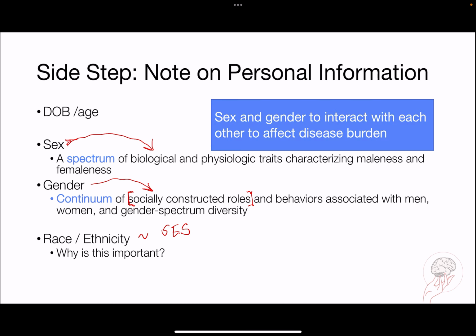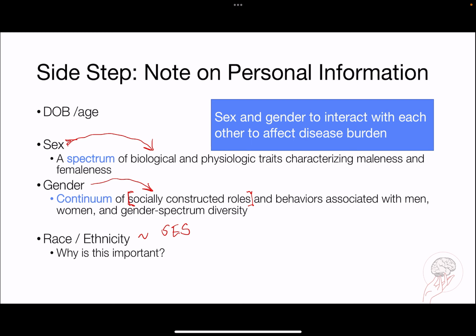And sex and gender can interact with each other to affect disease burden. So, a great example is heart disease. For a long time, heart disease was considered a male disease. Men died from heart disease. And while, yes, many men do die from heart disease, it is just as prevalent in women as it is in men.